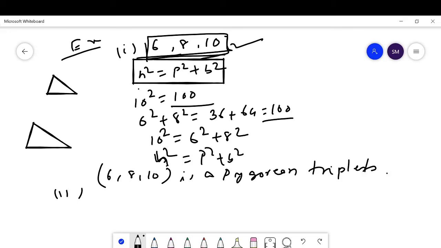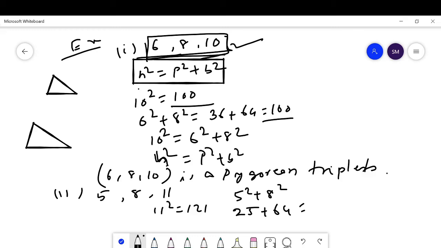Here the next question is given: 5 centimeter, 8 and 11. Here 11 square is equal to 121. Then 5 square plus 8 square, 25 plus 64, is equal to 89.